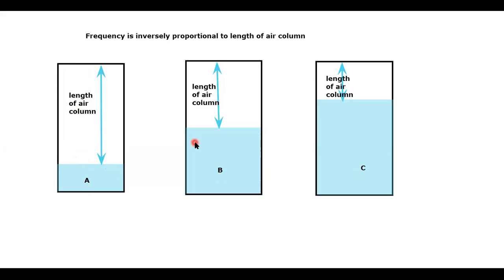In case B, when your water bottle is half filled, the length of air column has decreased as compared to that of A. Similarly, in case C, when your water bottle is about to fill with water, there is a very small length of air column.